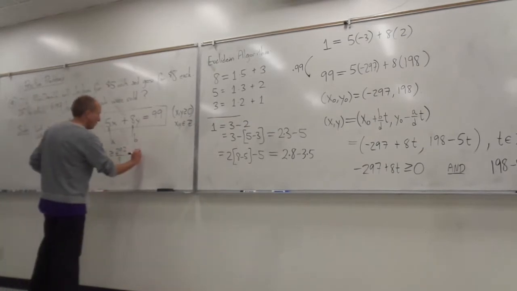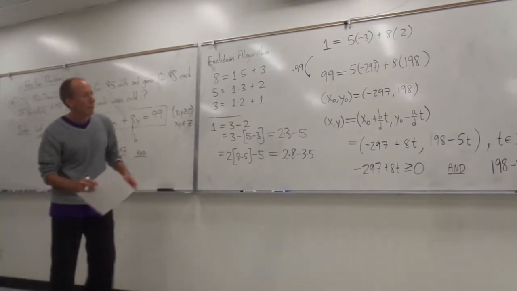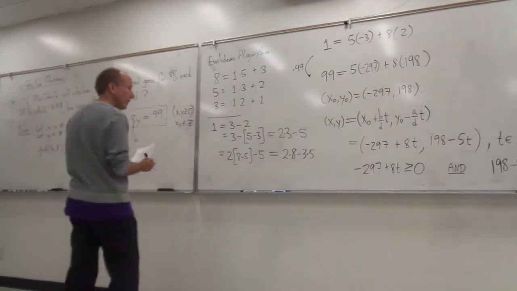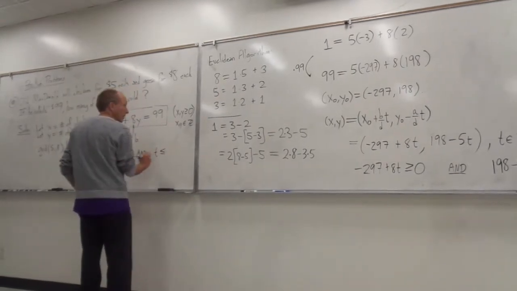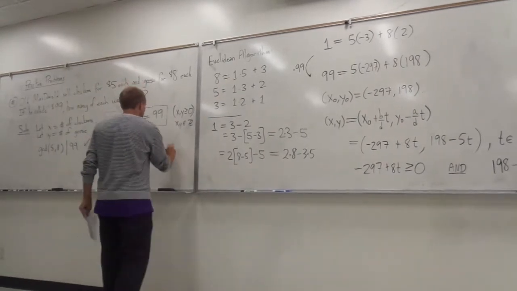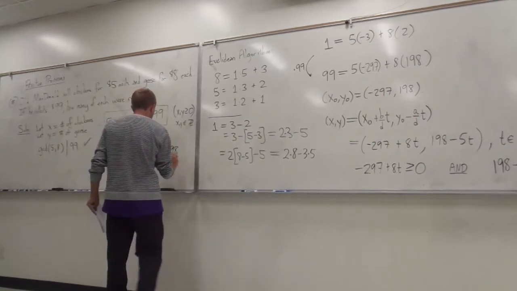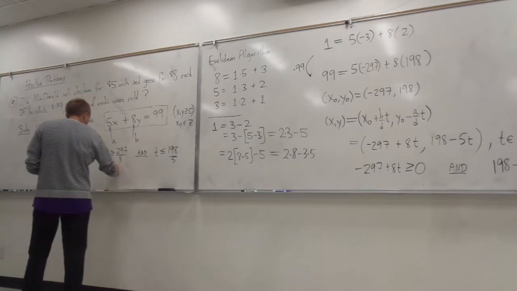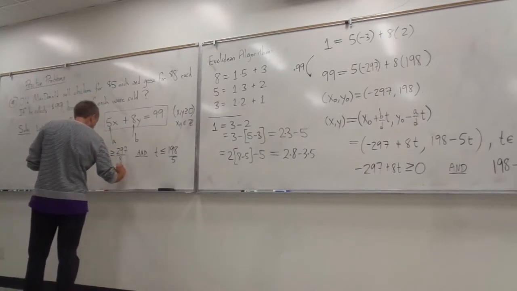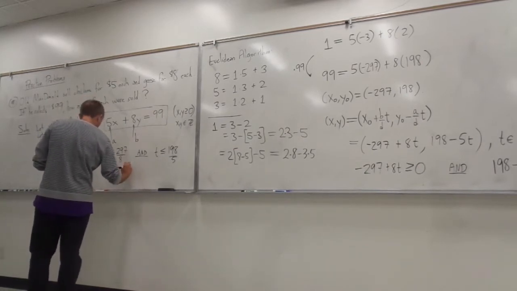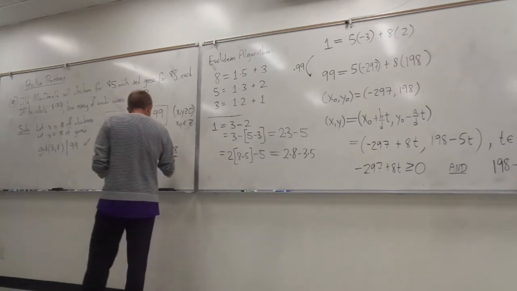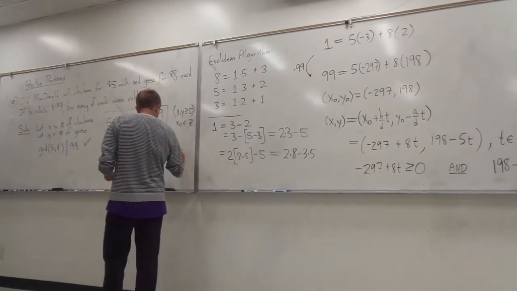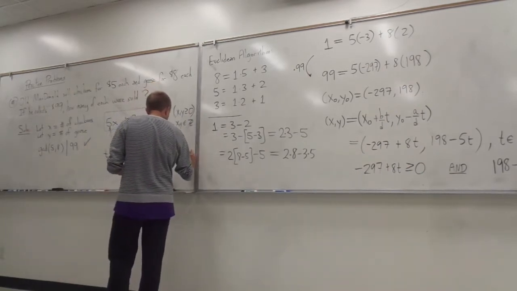And from the second part of it, if I move the 5t to the other side and then divide by 5, t is less than or equal to 198 over 5. Okay. 297 divided by 8 is approximately 37.125. And 198 divided by 5 is 39.6 actually.